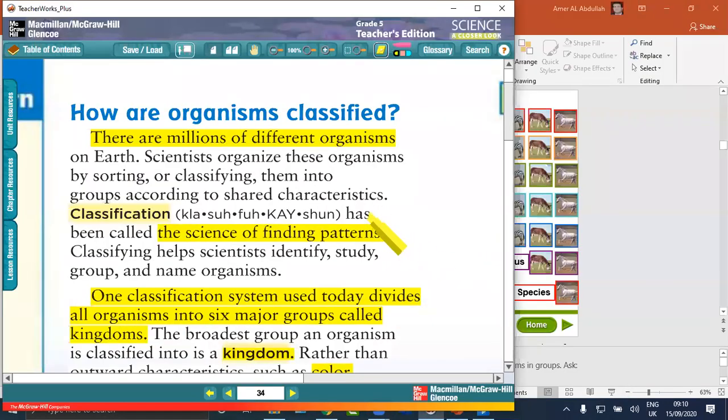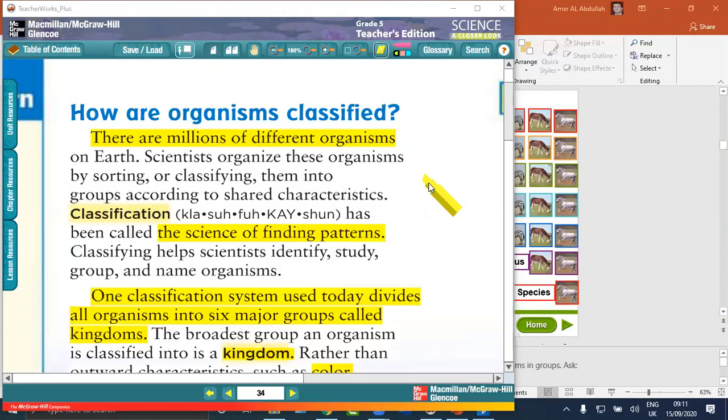Okay, now, who can read the first passage? We explained about the classification. Talha, can you read the first passage? How are organisms classified? There are millions of different organisms on Earth.